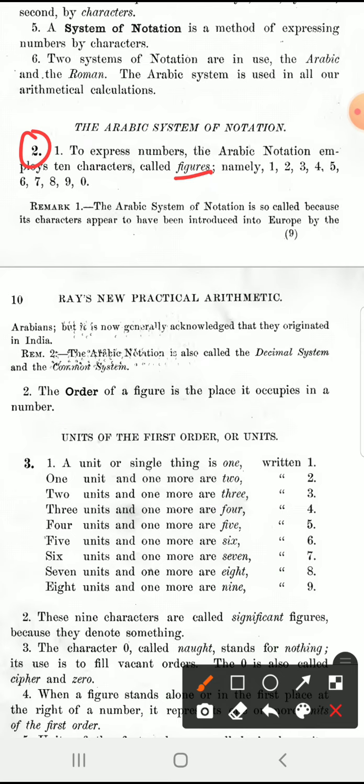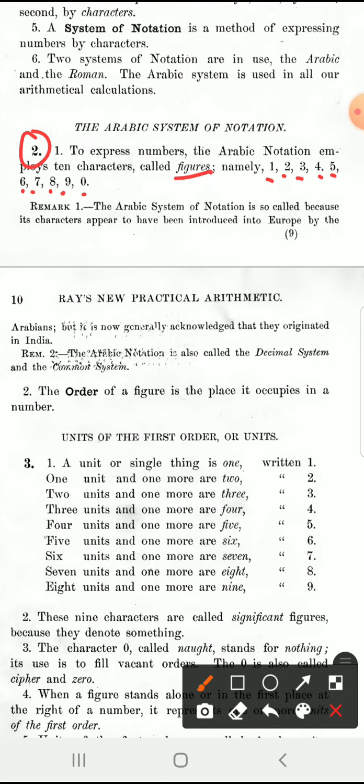And we can see that these figures are what we normally call the numbers in modern society. And we see them listed here for us: 1, 2, 3, 4, 5, 6, 7, 8, 9, and 0. These 10 figures are used in the Arabic system of notation to express any number. And we're going to learn how to do that in these next few lessons.